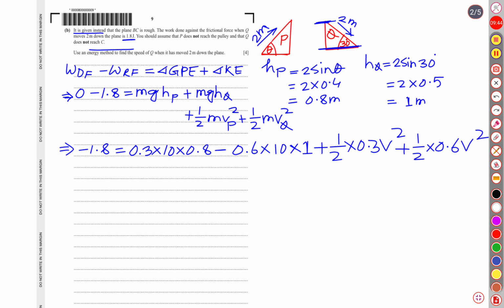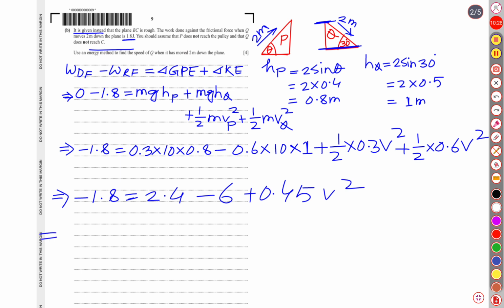After that, if we keep on simplifying, it is going to be negative 1.8 is equal to, here if we do multiplication, it is going to be 2.4, minus, if we calculate this, it is going to be 6, plus 1.5 v square plus 0.3 v square. So in total it is 0.45 v square.